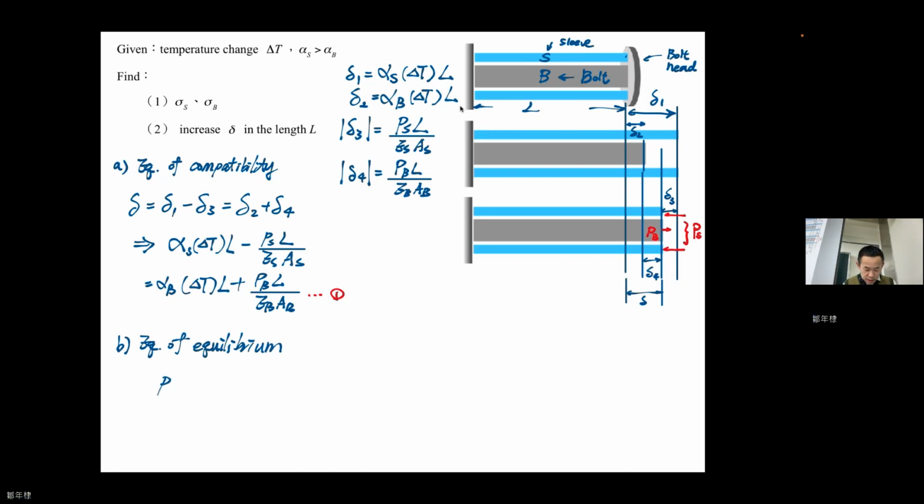Okay, easy. PS equal to PB, because there are only two loads here, two forces here.